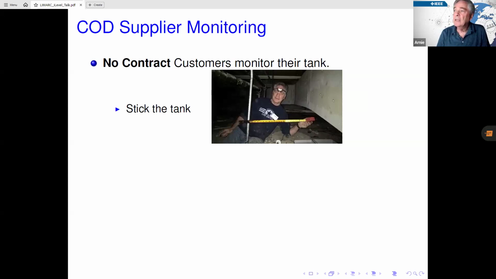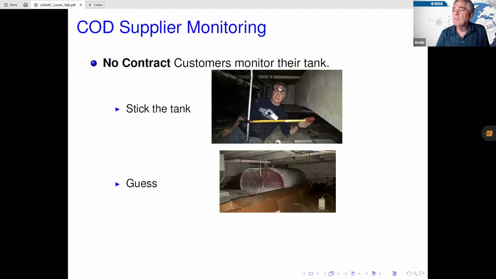And this is me in the basement of the W Hotel in Manhattan on top of a 15,000 gallon tank. About 27 inches there, I think, something like that. Now, if you can't stick the tank, you might have to guess. This is a tank where our monitor is in the lower right-hand corner of the white box.